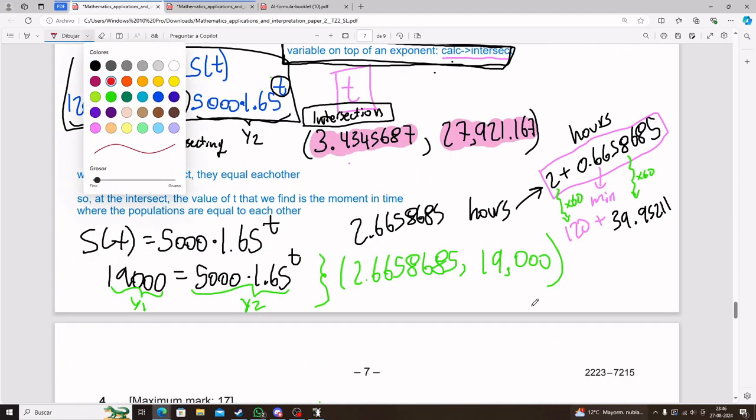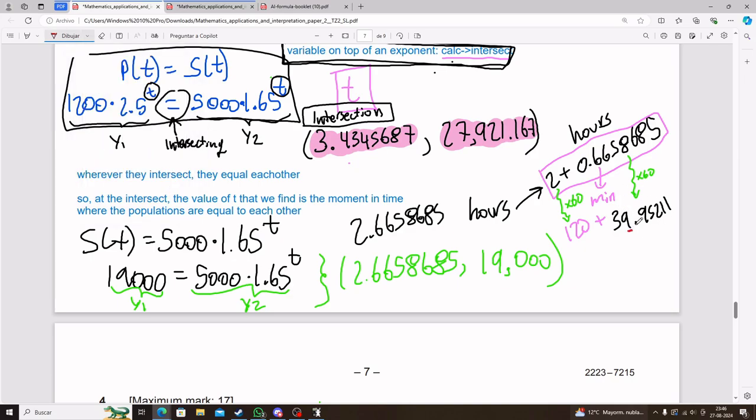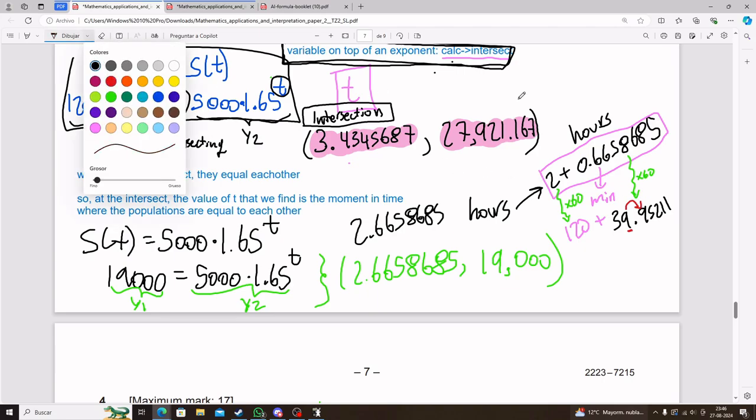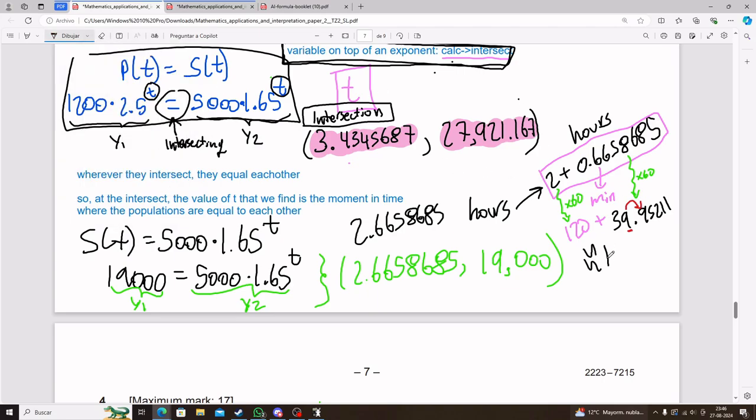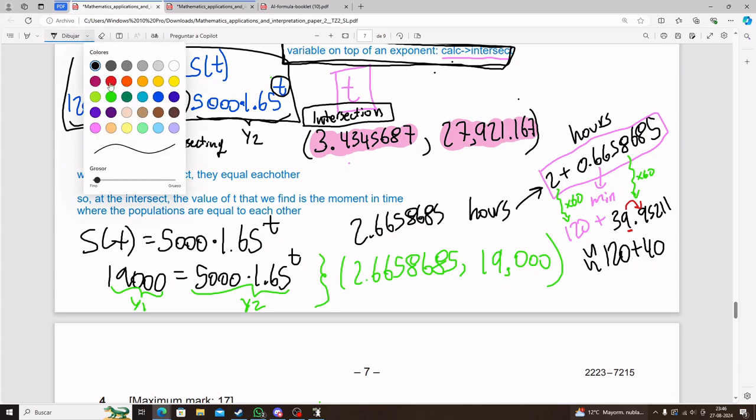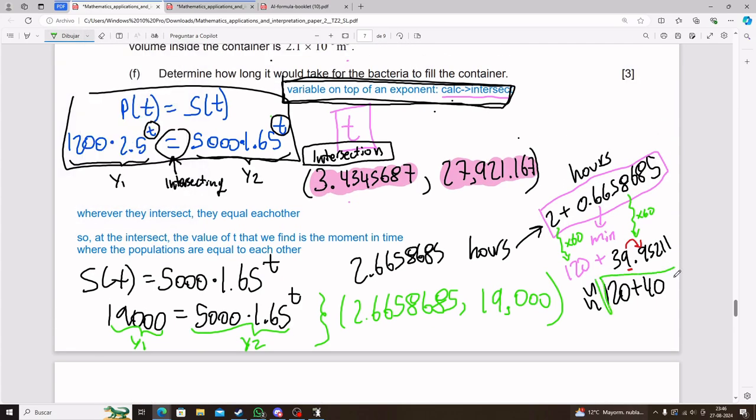And so clearly, my biggest integer from here, I gotta compare the 9 that's next to the decimal. So this guy, do you round it up or keep it the same? You round it up. So if you were to leave it with integers, you can leave it as 120 plus 40 minutes. All right, so in this context, it's 120 plus 40 minutes.